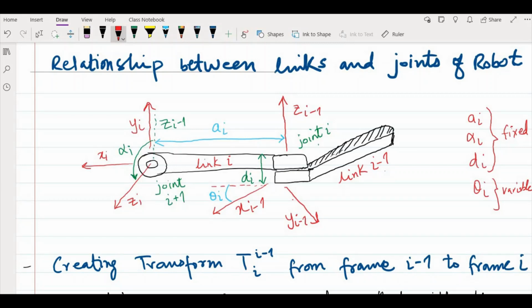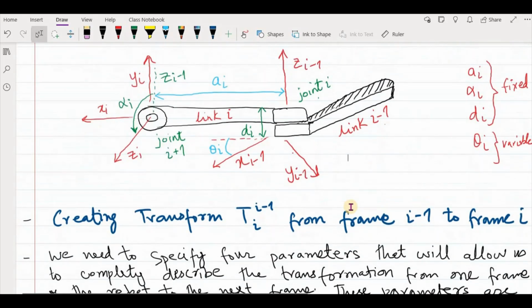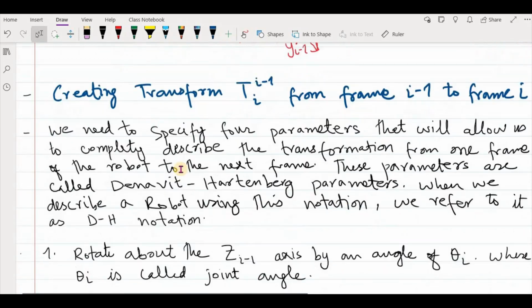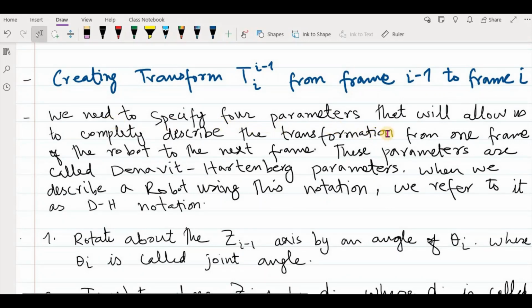So let's move forward. What we do is try to create a transform from link i to link i minus 1, a transform matrix T, which transforms frame i into frame i minus 1. First we need to specify four parameters that will allow us to completely describe the transformation from one frame of the robot to the next frame.